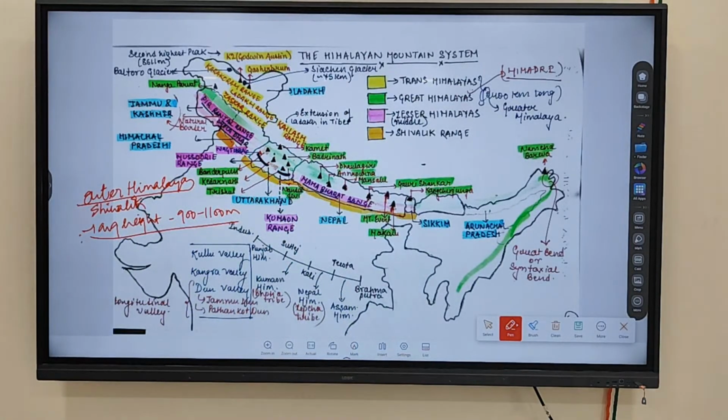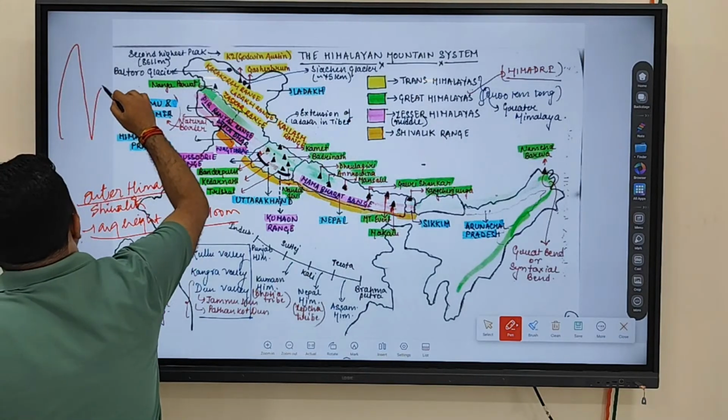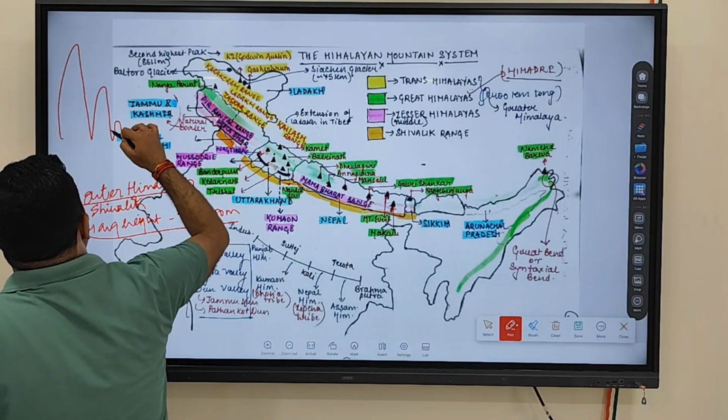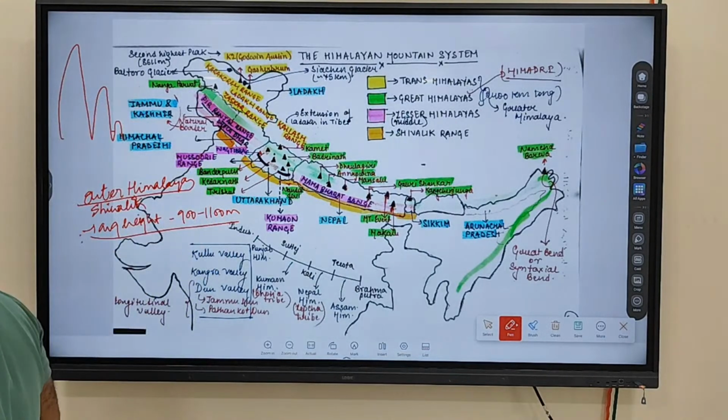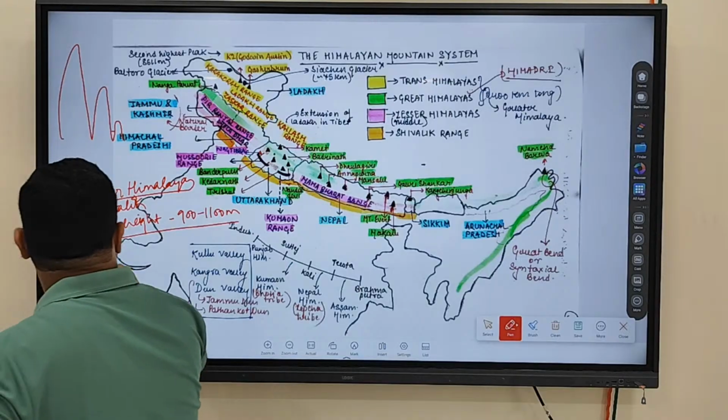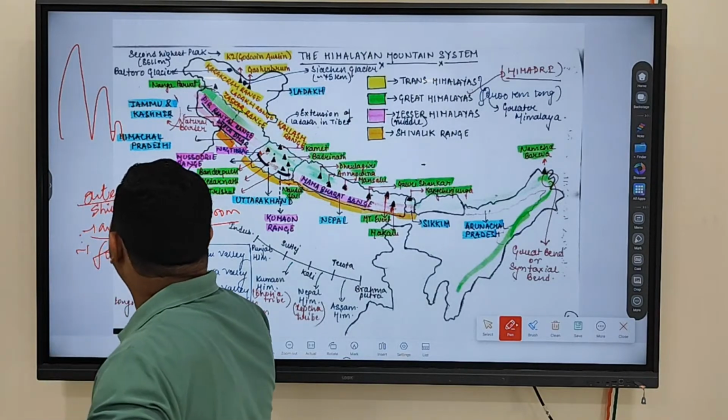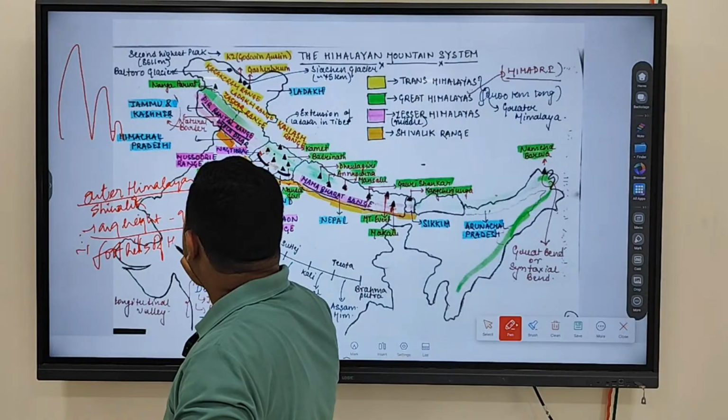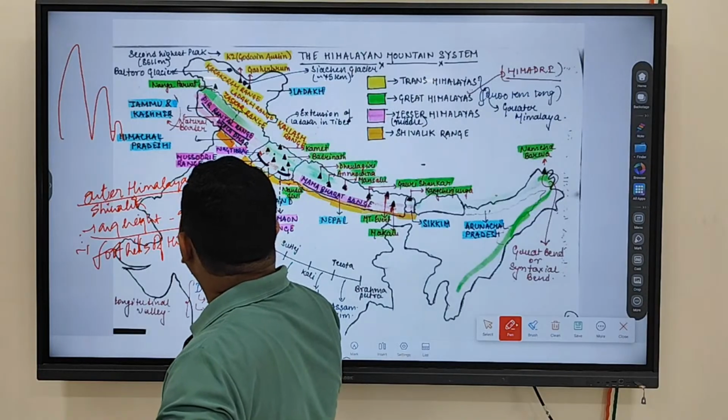They are found at the foothills of Himalayas. Foothills of Himalayas means like this: you have Greater Himalayas, Middle Himalayas, and then Outer Himalayas. So average height is around 900, found at the foothills of Himalayas.